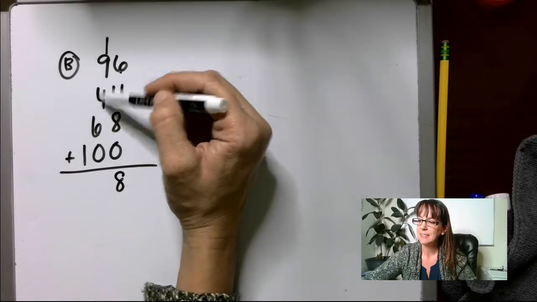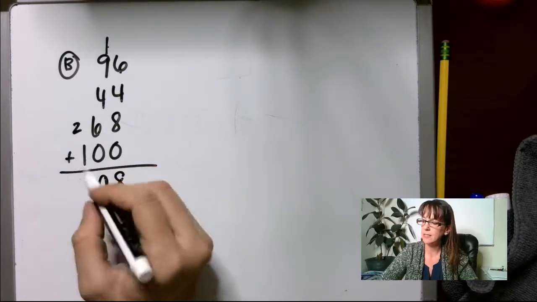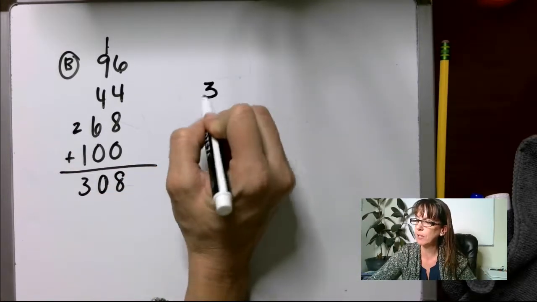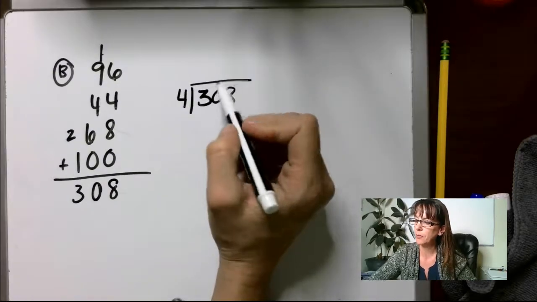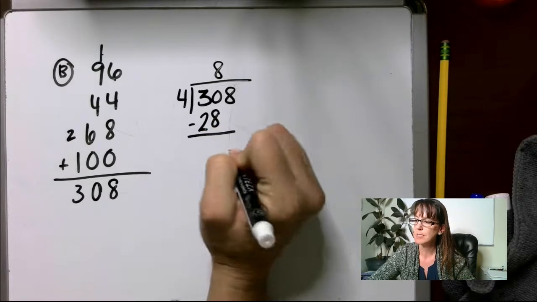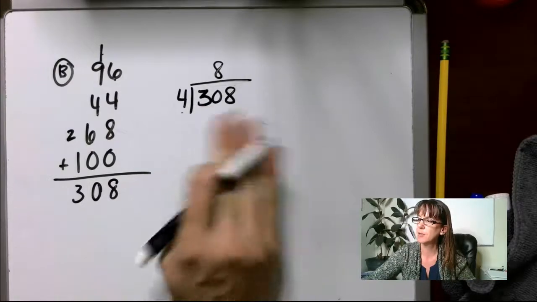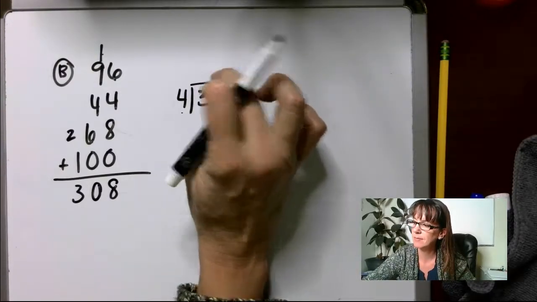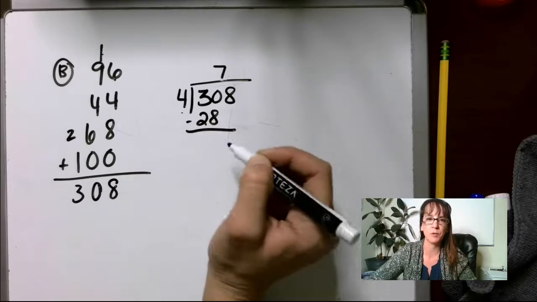This is 10, and this is 10, so that's 20. 2 and 1 is 3, so 308, and we're going to divide that by 4. 4 goes into 30 7 times, we get 28. Subtract, because 7 times 4 is 28. Peter, that was just for you.